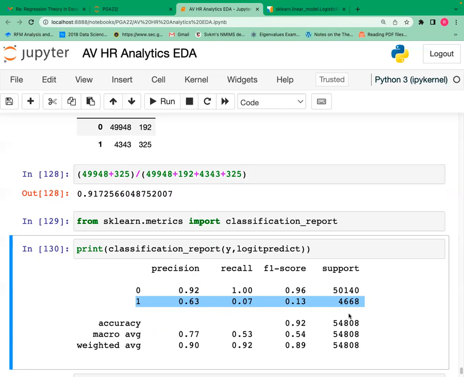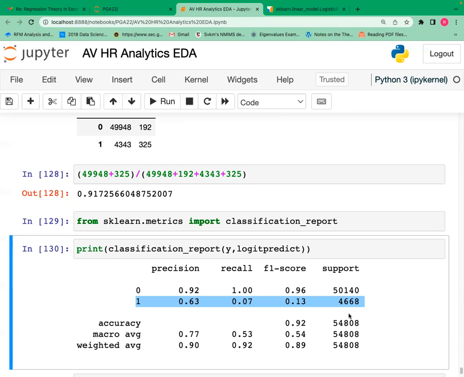guys correctly. This problem, we call it imbalanced data. Now, in the future sessions, once our models are all built, we will talk about imbalanced data. When you have imbalanced data, you have to balance it.